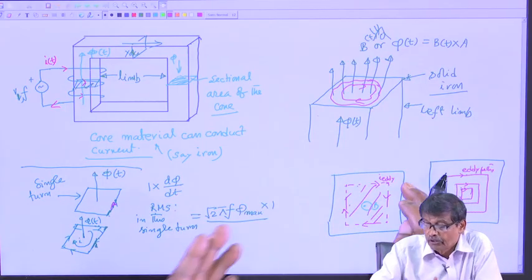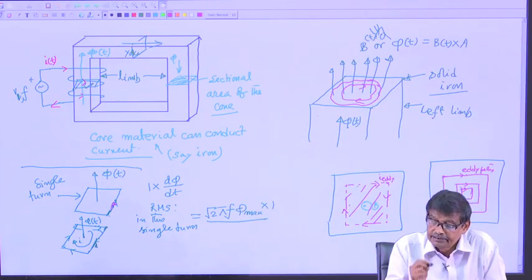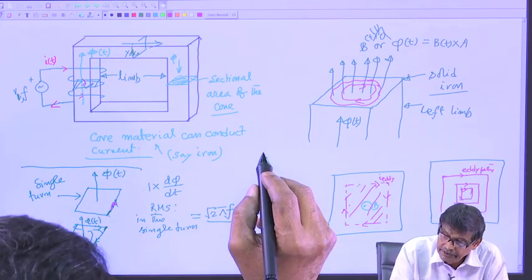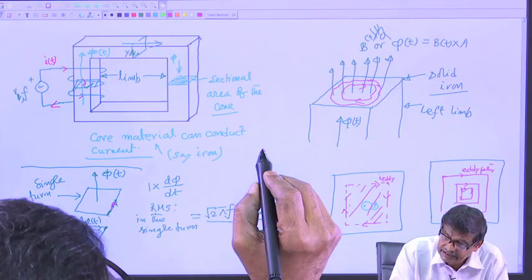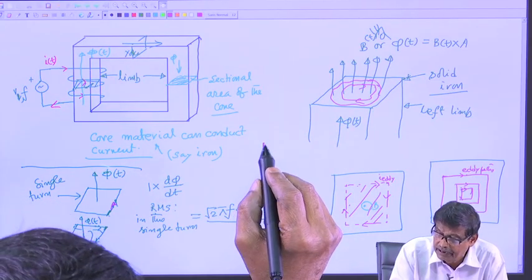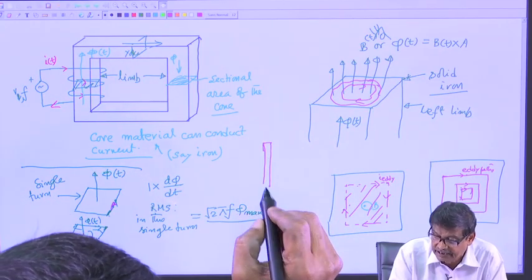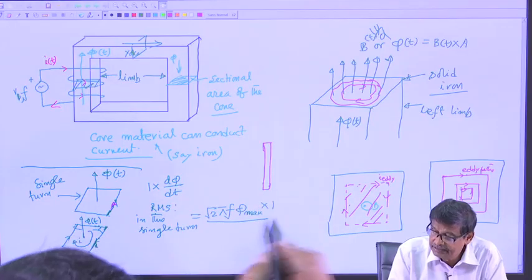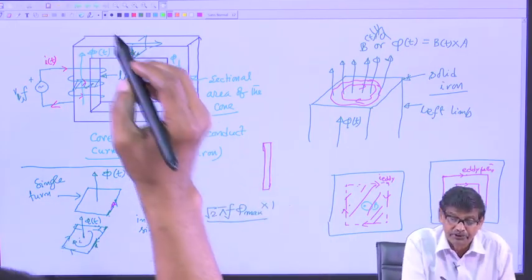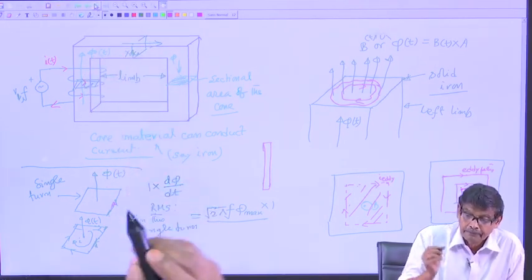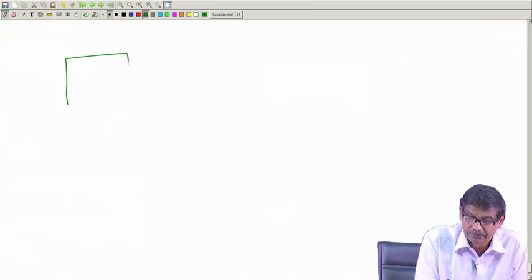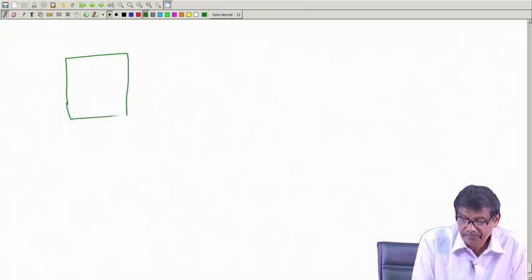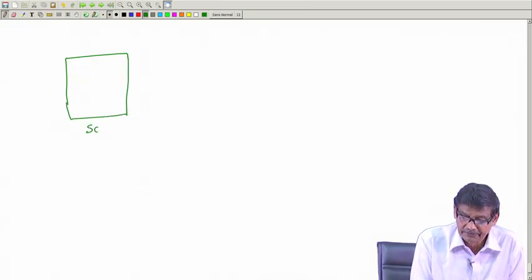instead of using a solid block of iron like this, use thin plates. Suppose I say there are iron plates, I am drawing them still thicker. I will go to the next page. This was the solid sectional area of the core, the solid iron.